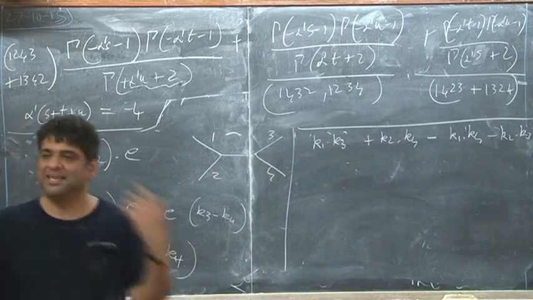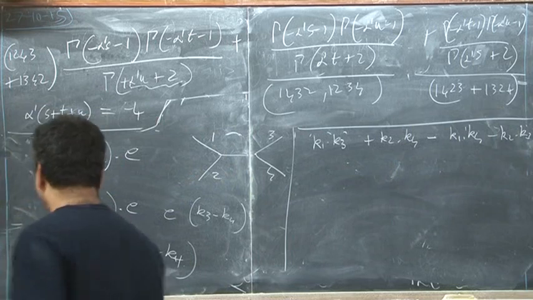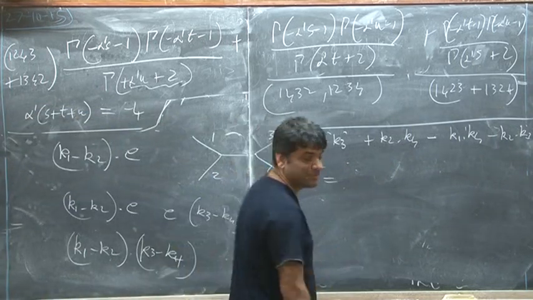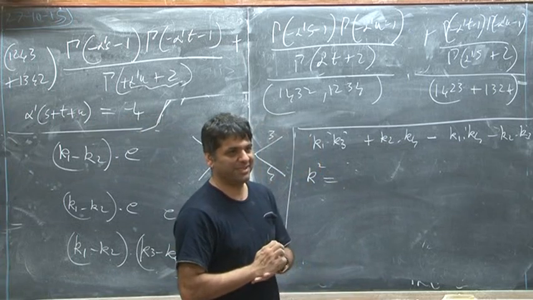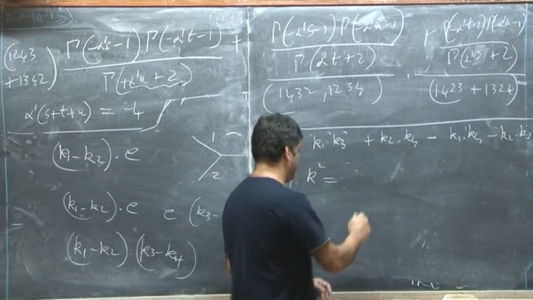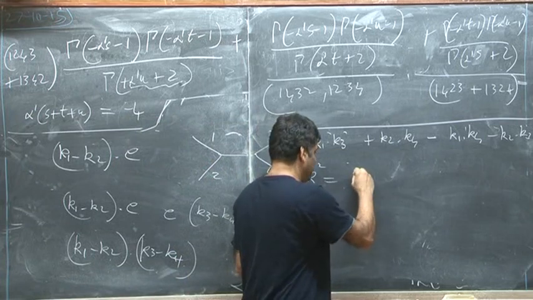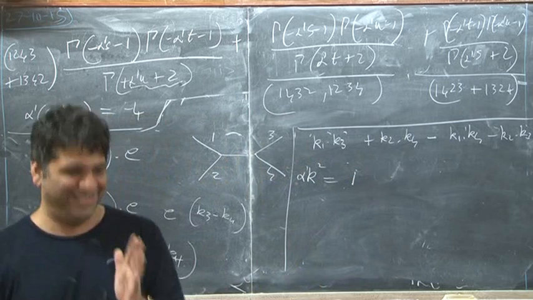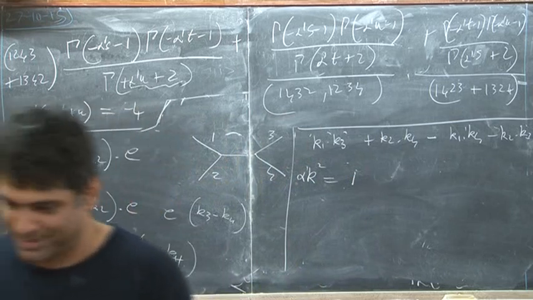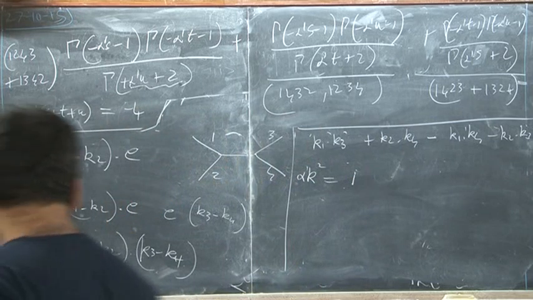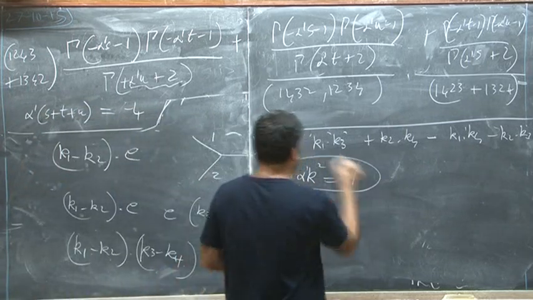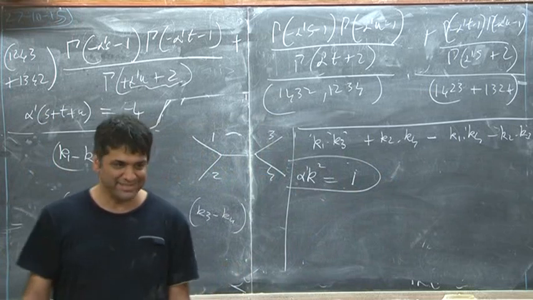Now remember we have 4 tachyons. All of them are tachyons. All of them obey K squared is equal to, it's always tricky, right? It's minus alpha, it's plus alpha. Alpha prime K squared is equal to 1. Right? Because the metric is mostly spatial. So if it's a positive number, it means the mass squared is negative. Okay. So all of them are obeying alpha prime K squared is equal to 1.